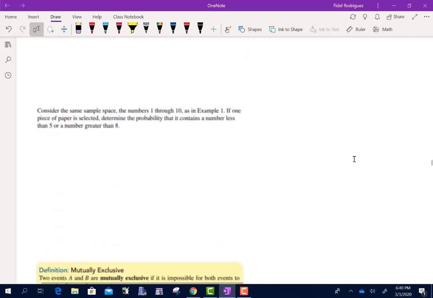All right. So let's see if we can do another one. It says, consider the same sample space, the numbers 1 through 10. So let's think about those numbers again: 1, 2, 3, 4, 5, 6, 7, 8, 9, and 10. Now, the first part says determine the probability that it contains a number less than 5 or a number greater than 8.